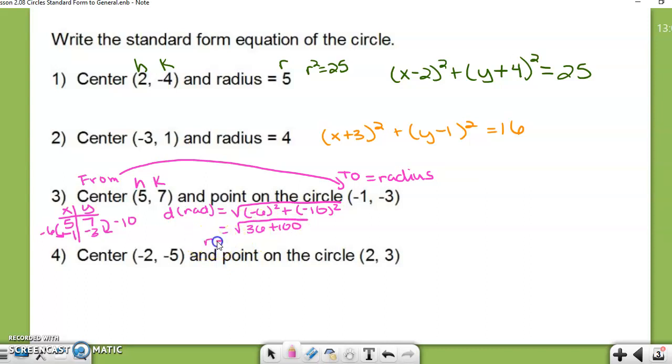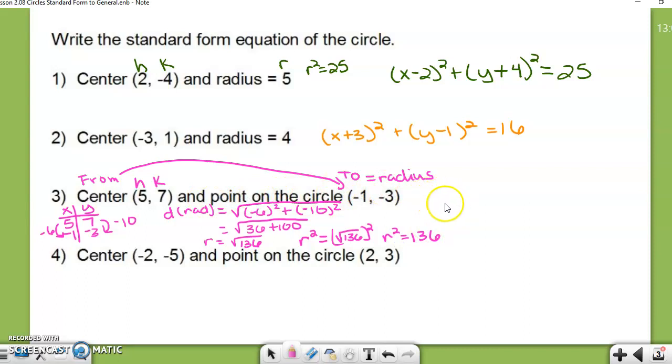So my radius equals the square root of 136. Now remember, for my equation I need radius squared, which is going to be the square root of 136 squared. So r squared is going to equal 136.